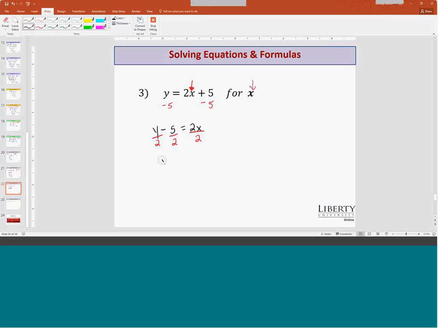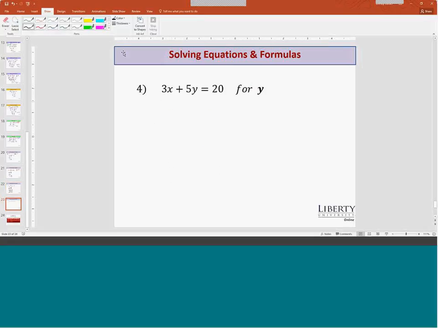Then you end up with y over 2 minus 5 over 2 is equal to x. This is a perfectly acceptable answer for now. And y over 2 is the same as 1/2 times y, or 1/2 y. So either way you want to write this answer is correct. This is probably the best way, so that we can see the coefficient of our variable y.